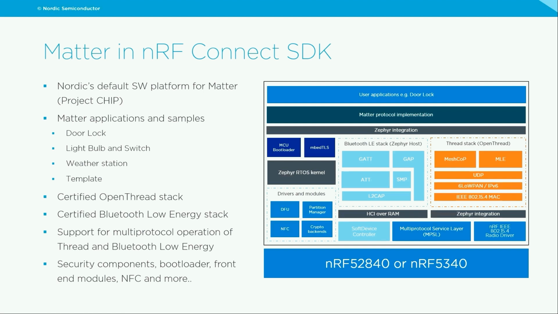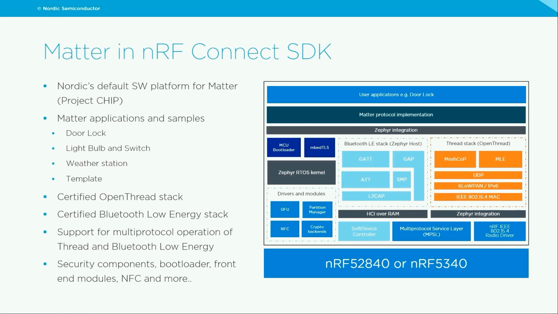Lastly, by using our SDK, you can leverage our security components, which boost cryptographic operations for Matter using our hardware accelerators, or MCUboot, which implements secure boot. You can also find support for range extenders, such as nRF21540, which offers enhanced link robustness.